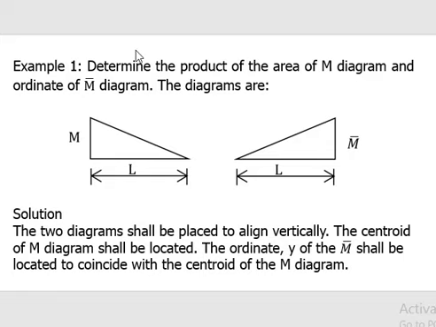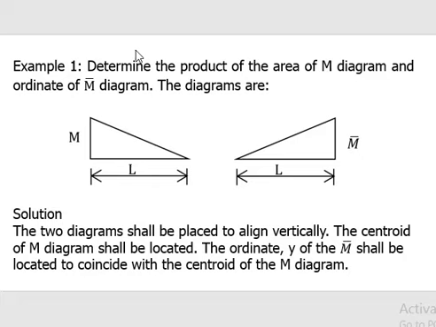Here we use examples to verify the authenticity of those formulas we gave in the table. In this example 1, we use two moment diagrams. It says determine the product of the area of M diagram and ordinates of M bar diagram. The diagrams are as shown here.